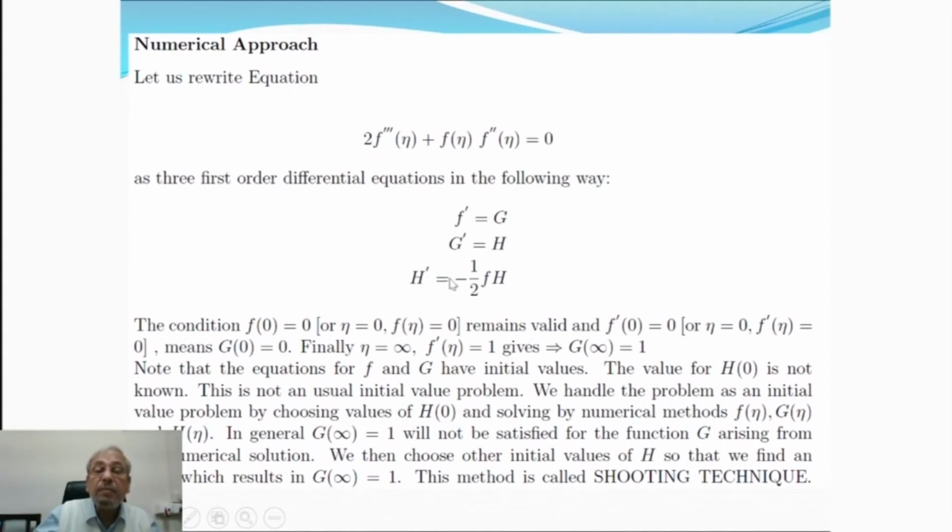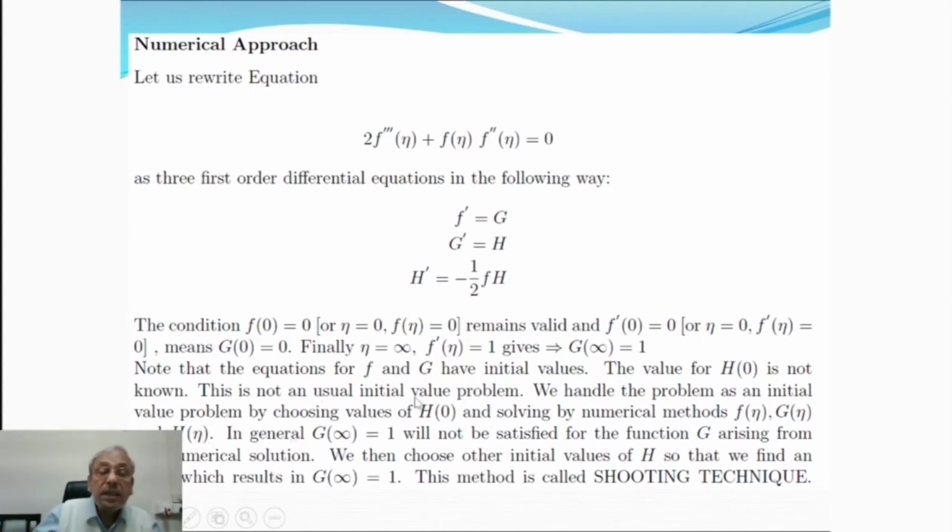For h prime equal to an expression, for solving this we have to have a value of h naught, the initial value, but we don't have it here. So we do it by choosing a value of h naught, and then, as I said, we can solve for f eta, g eta and h eta.